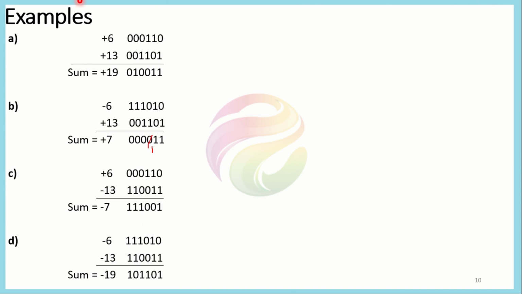In many cases, say for plus 6, we have to represent it in 8-bit, 9-bit or 10 bits. Generally, it can be represented in a 4-bit form. Suppose we have to represent it in 10-bit, then we keep on adding zeros here.